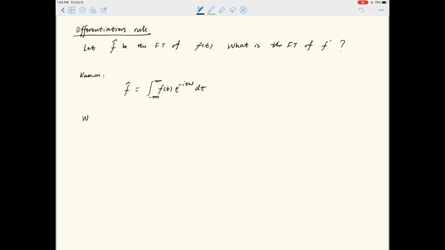And what we want to know is the following: the Fourier transform of f prime, the derivative of f, which is the integral of f prime of t e to the minus i t omega dt. And we want to know what it is.